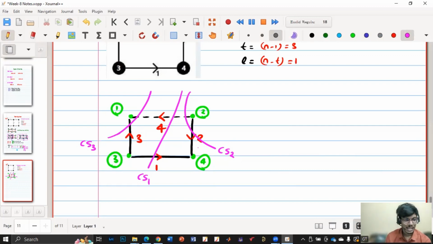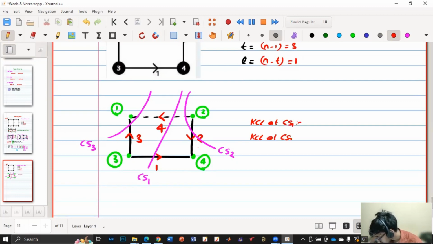In the cut set method also, we'll apply KCL, right? We'll apply KCL at cut set 1, KCL at cut set 2, KCL at cut set 3. What is the convention? If the twig current is entering, then entering is positive. If the twig current is leaving, leaving is positive. For cut set 1, say we'll consider the left side of the cut set 1.